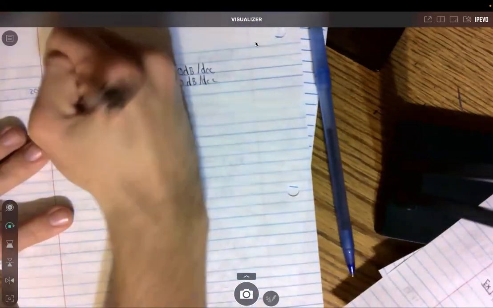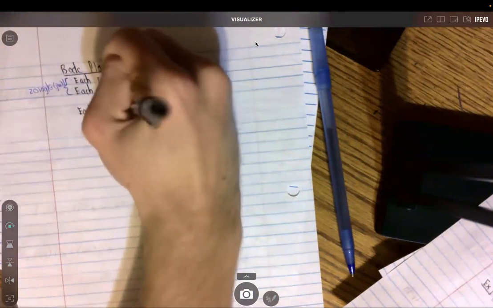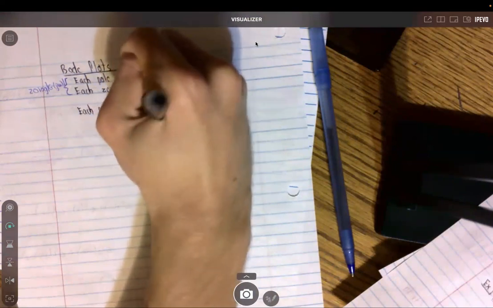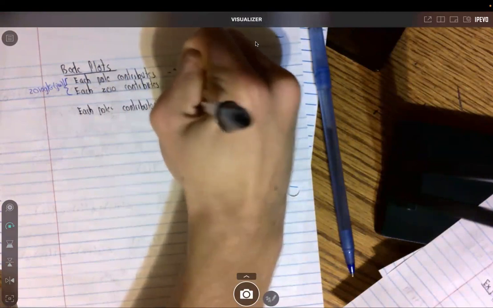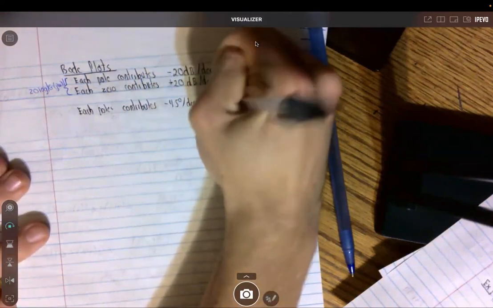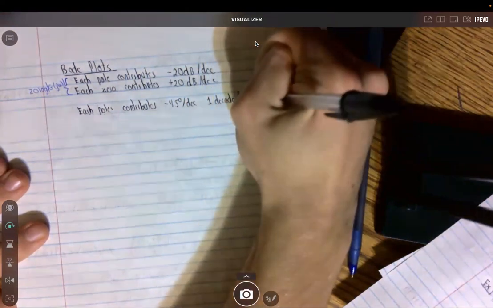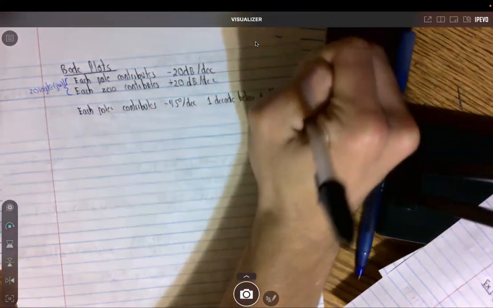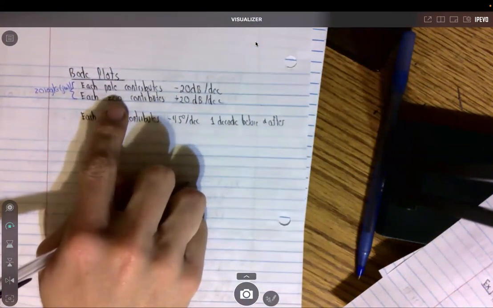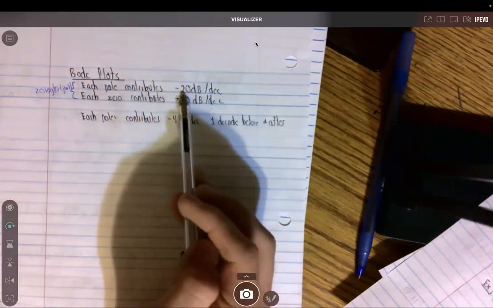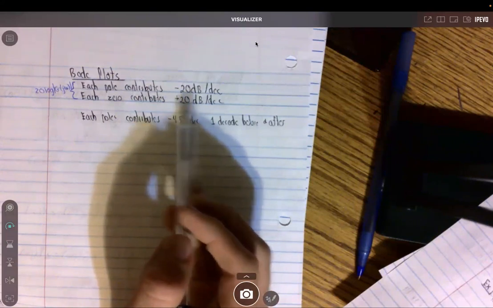But when you have to deal with the phase, each pole contributes -45 degrees per decade, 1 decade before and after. Basically, your pole in the magnitude plot, once it hits that frequency, starts falling -20 decibels per decade, or +20 decibels per decade for a zero, up to infinity.